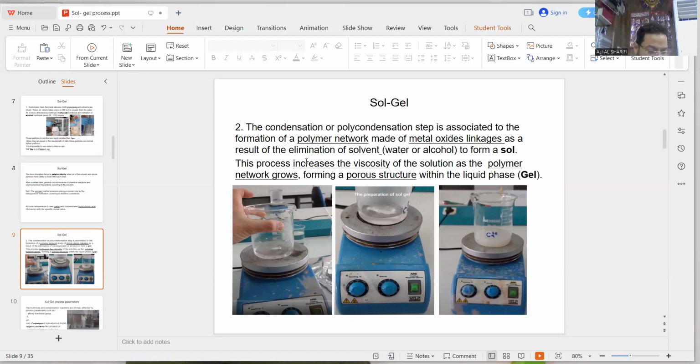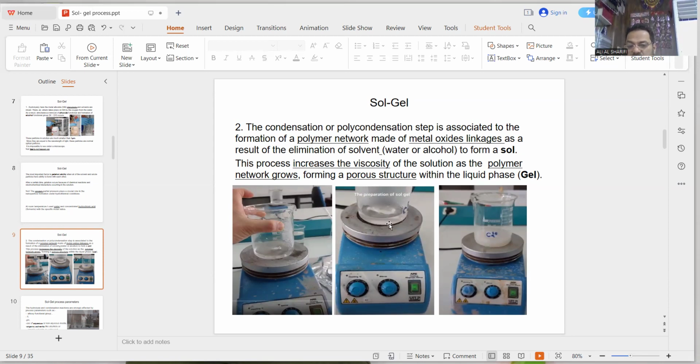That means I will increase the temperature a little bit while the stirring process keeps going, with temperature increasing. Actually, here I started from 100, 150, 200, and goes like that. The process increases the viscosity of the solution. Let's take a look. Here at first, it was like milk.